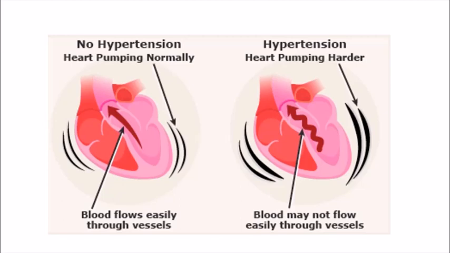Now, the heart needs to perform more function than the normal condition, and that is why you will see that both the pressures, systolic and diastolic, will be higher than normal. So this is called hypertension, and in hypertension the blood flow is not proper, and the blood does not flow easily through the vessels.